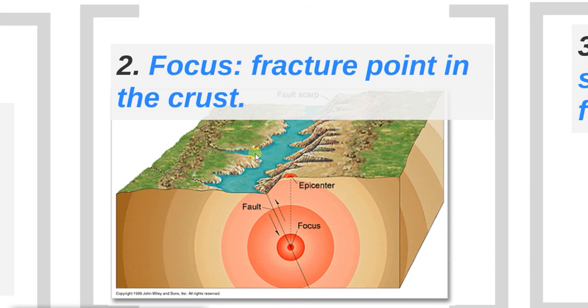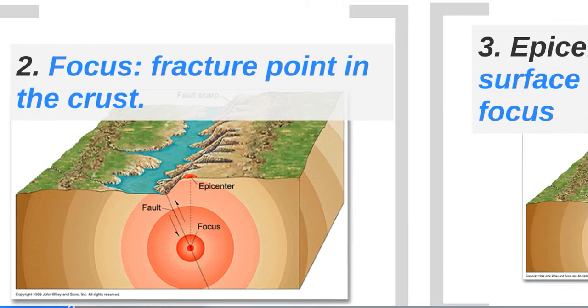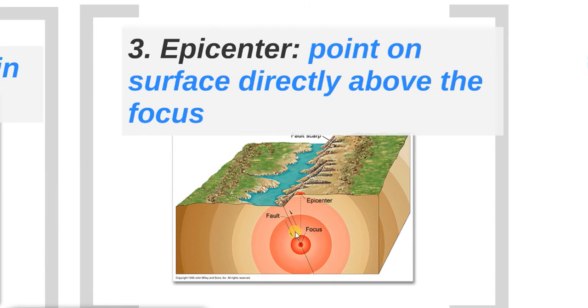Basically, we're looking at the surface of the Earth, and we've cut the Earth and sort of pulled it out so that we can see what we might see if we could see inside the Earth. So the focus is the place where the rock has actually broken. The fault here is the line, or the plane, at which that breaks. Sorry, I skipped ahead. Epicenter. Epicenter is a location directly above the focus.